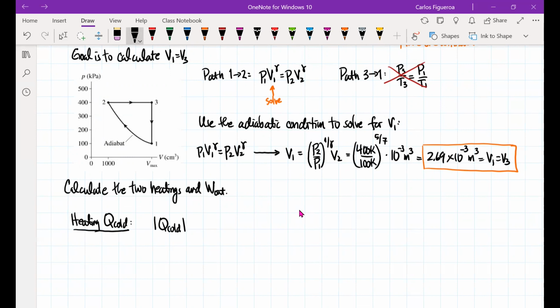It has to be a positive quantity because the efficiency already has the minus sign in there.